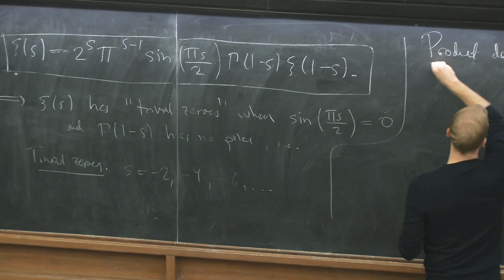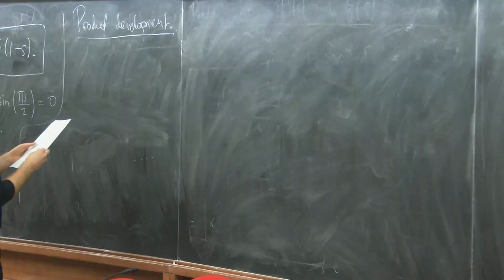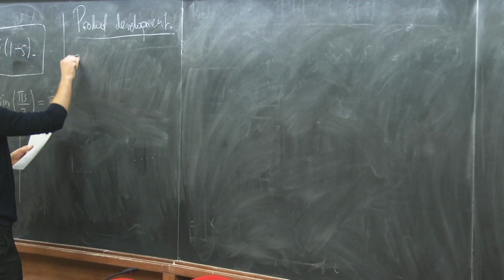And this was the focus in Riemann's original paper that I showed you. It's important in number theory because of the following.